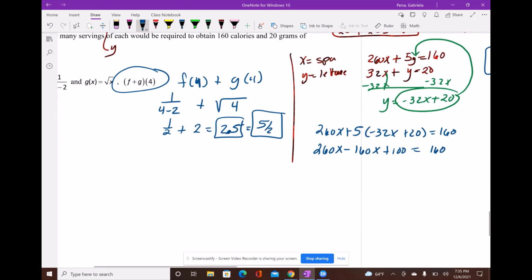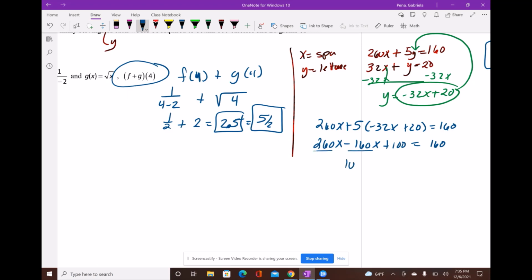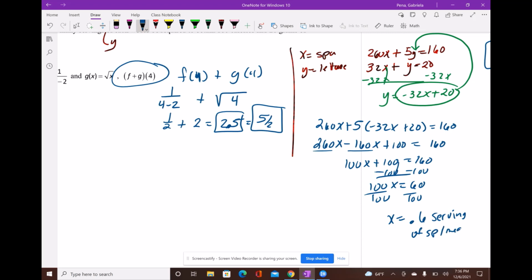The two x terms combine and I get 100x plus 100 equals 160. We subtract 100, and I get 100x equals 60. We divide by 100, and I get x is 60 divided by 100, which is 0.6 serving of spaghetti with meatballs.